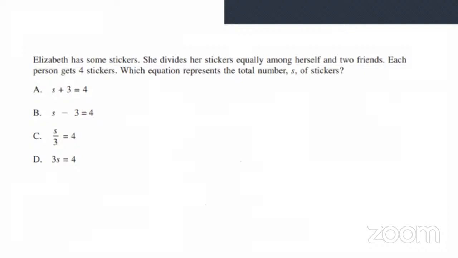So you say we don't know the original number of stickers, so it is represented by S, definitely, and each friend gets 4. So when you divide the S by 3, you get 4. All right, definitely. So you must divide S by 3 to get 4. Awesome. So our answer is definitely C. S divided by 3 is equal to 4.